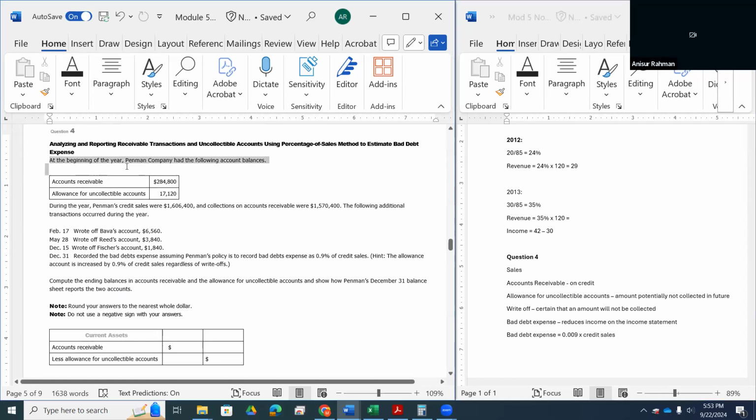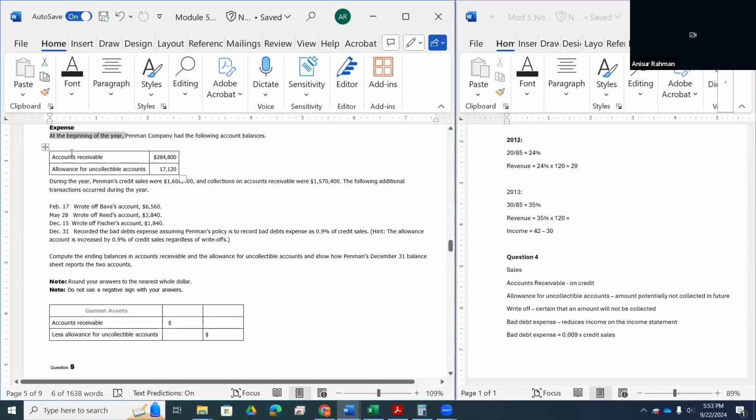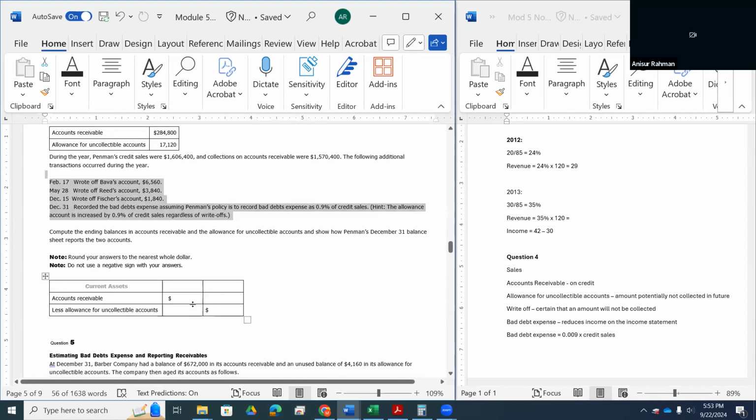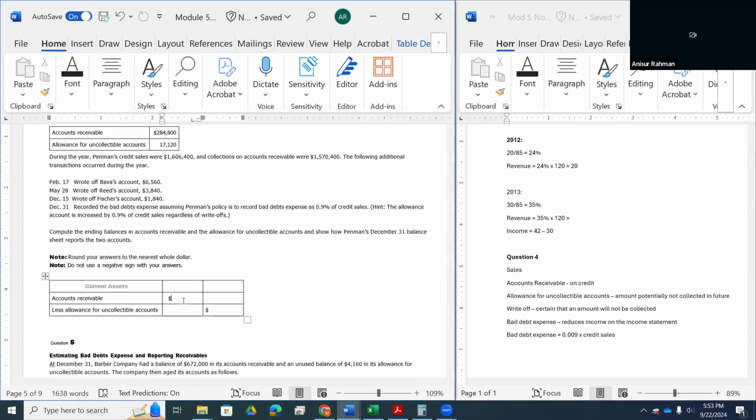So we started with the beginning of the year, and these transactions happen during the year. We have to calculate accounts receivable at the end of the year.